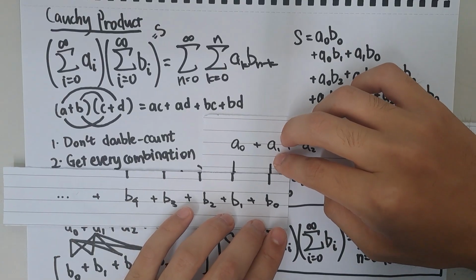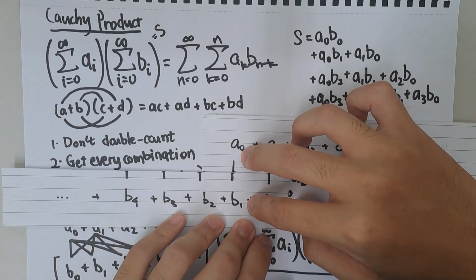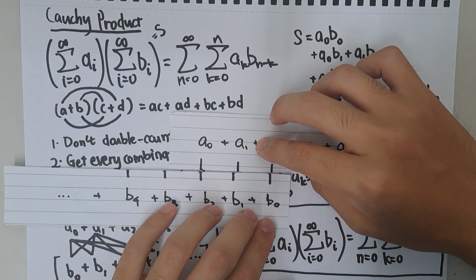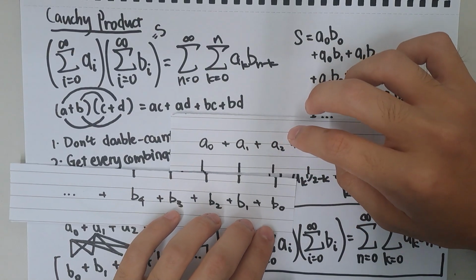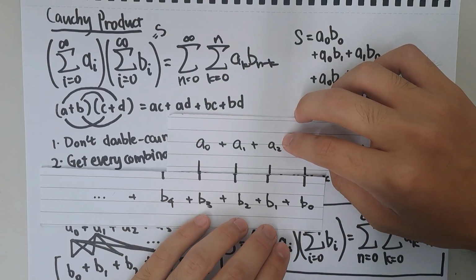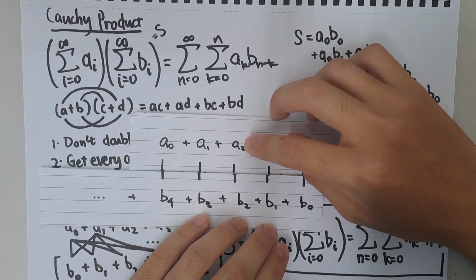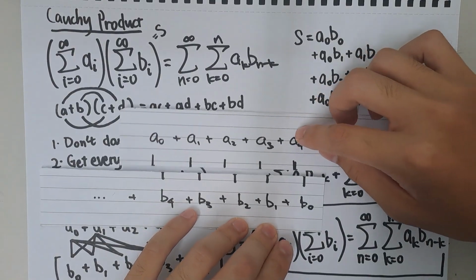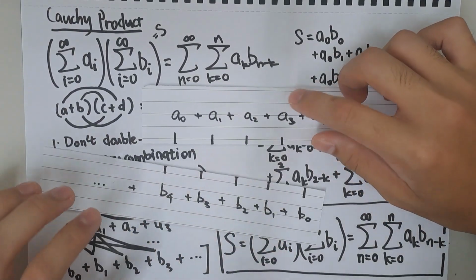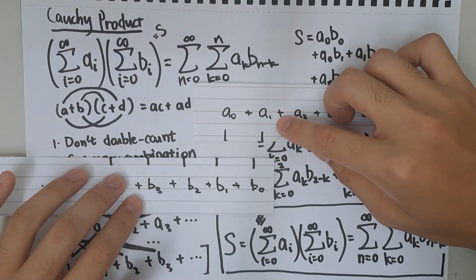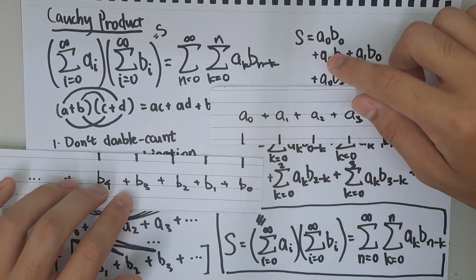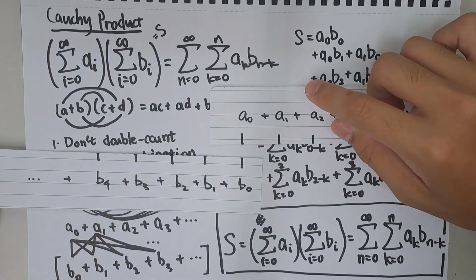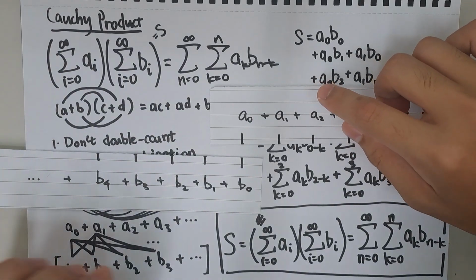In the second iteration, we have A0 matched with B1, and then after that, A0 matched with B2, then A0 matched with B3, and after that, A0 matched with B4, and so on and so forth, all the way up. So here we can see that actually A0 matches with every single B term exactly once, and that's exactly what we want.